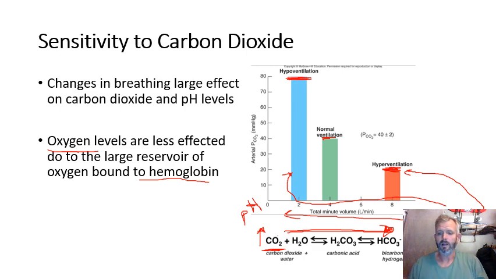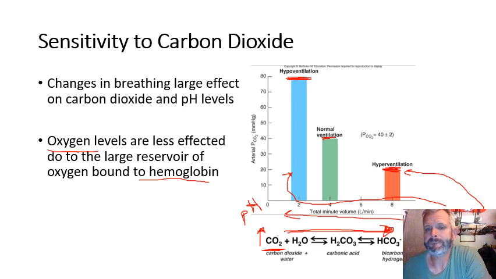How quickly? That would be hyperventilation, I increase my breathing rate, or hypoventilation, very slowly. Or I can also breathe more deeply, get the O2 in, get more CO2 out, or I can breathe more shallowly.